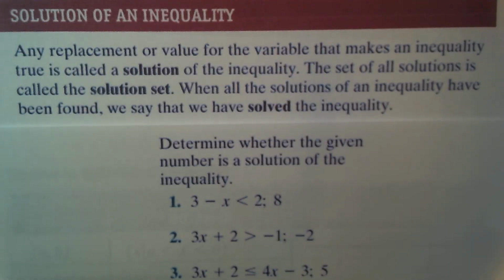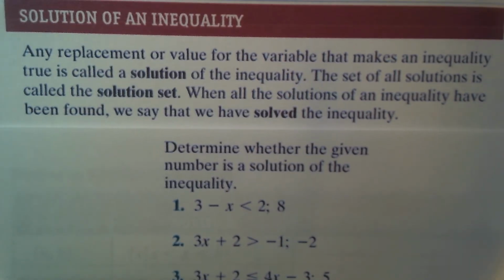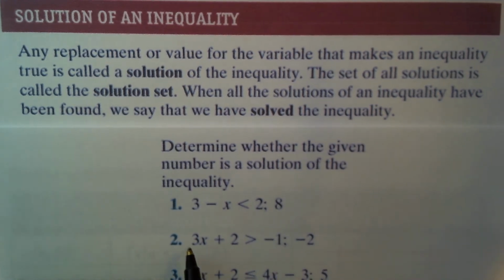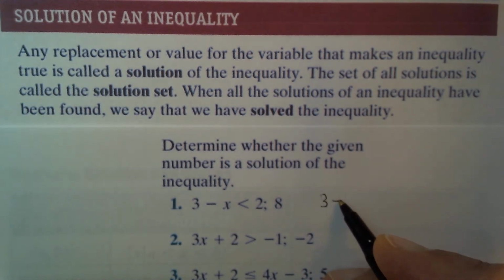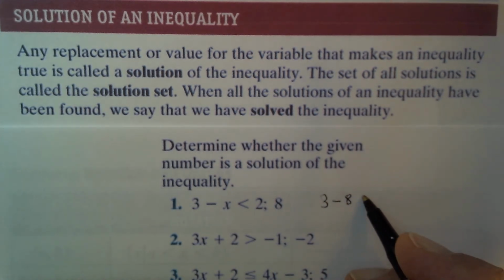We begin by determining whether a given number is a solution of the inequality. So number 1, it says 3 minus x less than 2. So that means when we replace x with 8, then we ask ourselves, is that still a true statement? So this becomes 3 minus 8 less than 2.